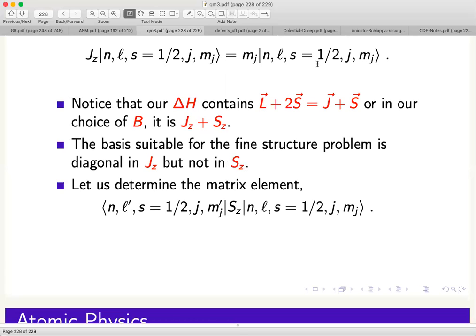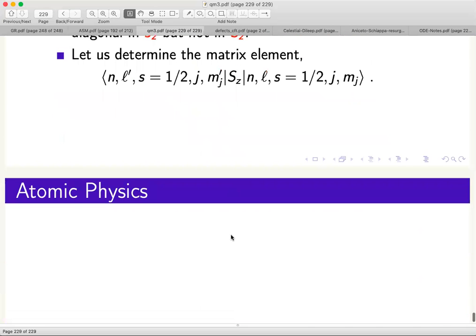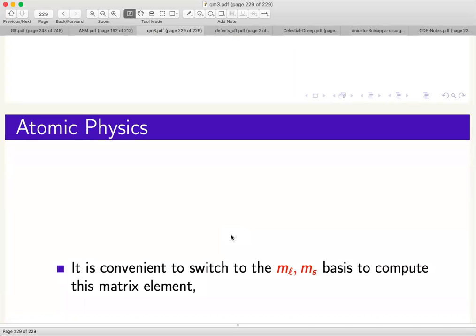So what we'll do next time is precisely employ that technique, instead of going back and forth between the ML-MS basis and carrying the Clebsch-Gordan coefficients along with it. I may have just a line written out here.